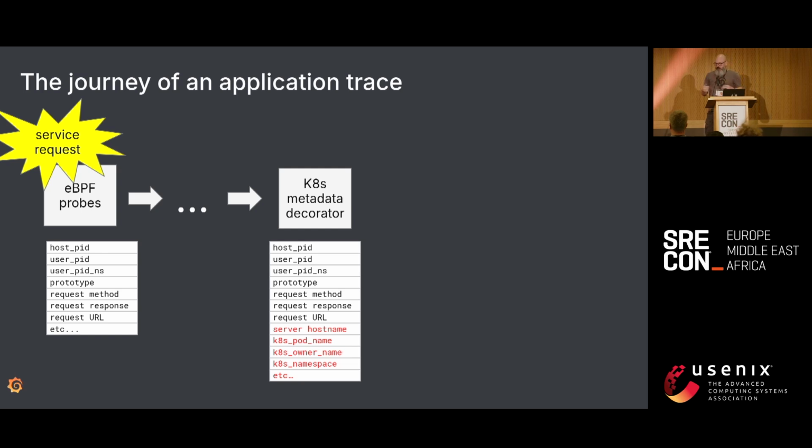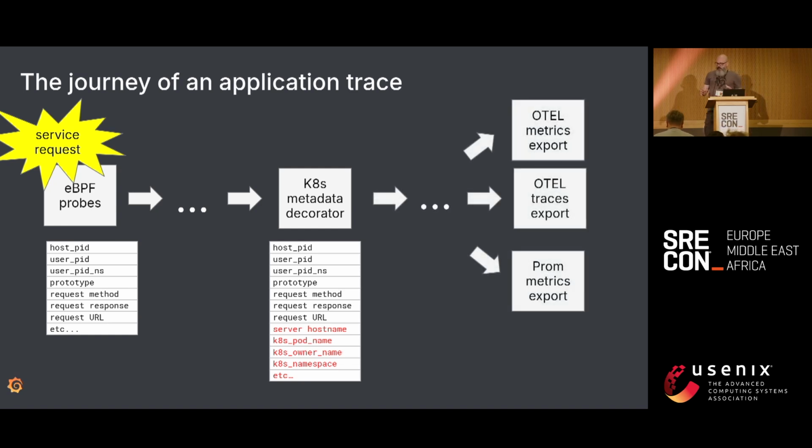And we run the Kubernetes metadata decorator, which is basically adding Kubernetes metadata to the request. Finally, with that, we can generate either metrics or traces and export them in OpenTelemetry or Prometheus.